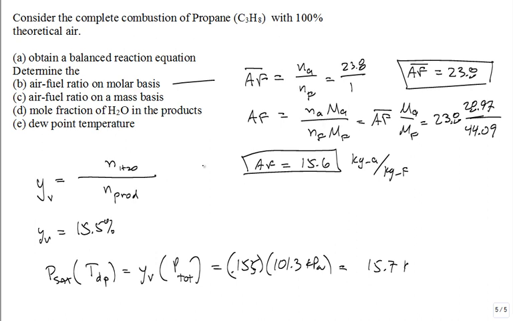At what temperature is the saturation pressure equal to 15.7 kilopascals? That's the dew point temperature. Somebody want to calculate that for me? Do you have your steam tables? Around 55 degrees C. Close enough.